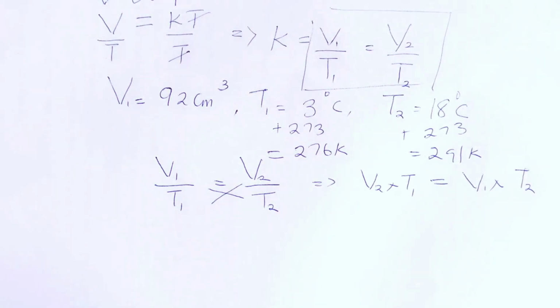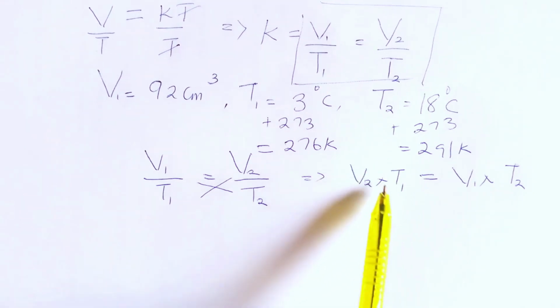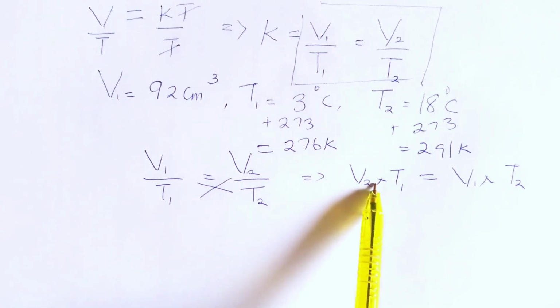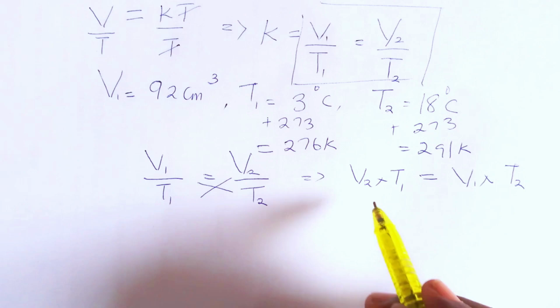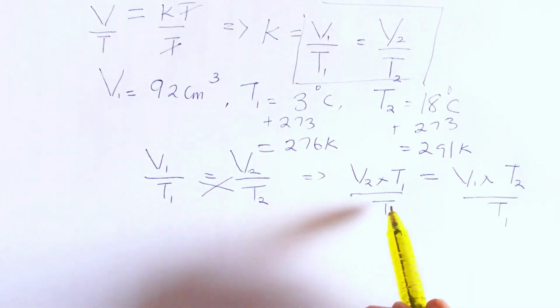Since we want V2 to stand alone, and what is connected to V2 here is T1 with a multiplication sign, you have to divide by T1.